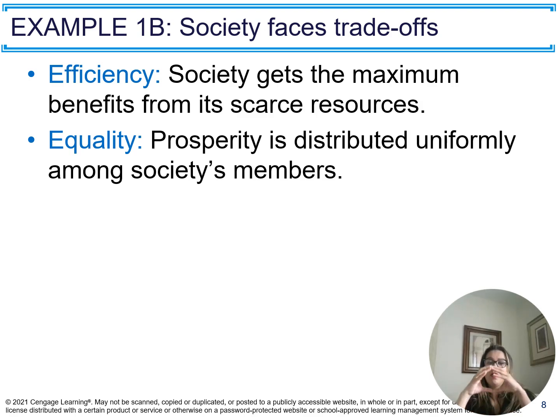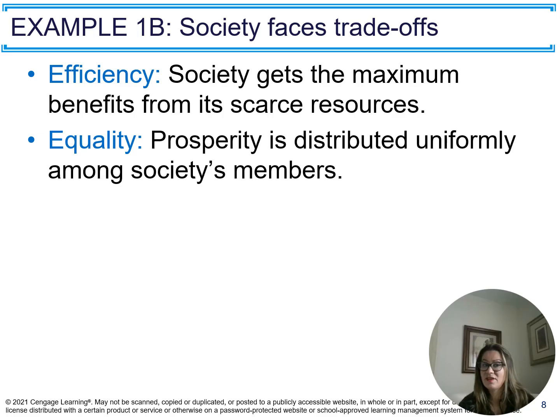When we are getting the maximum benefit from our scarce resources, we're making the cake bigger with the same resources that we have in the economy, right? We're getting better technologies in order to produce goods and services. So we're getting the maximum benefit from our scarce resources, and that will make our cake or our pie bigger, right?